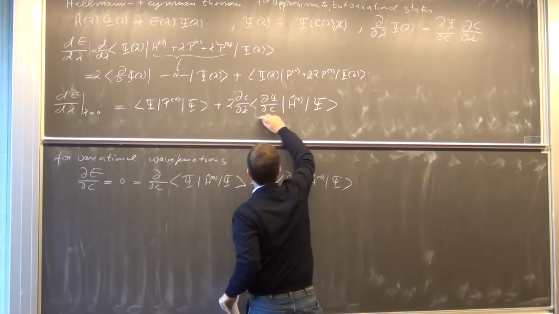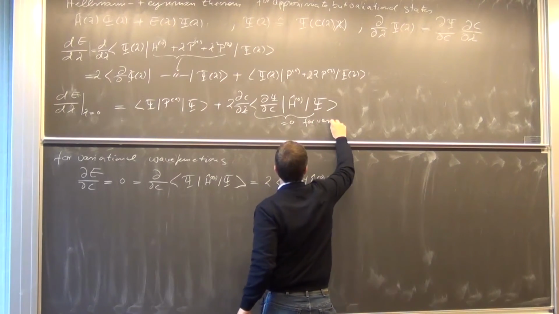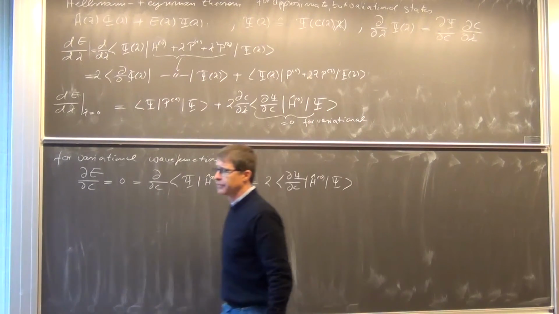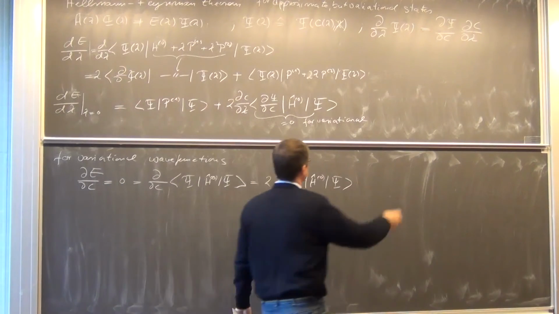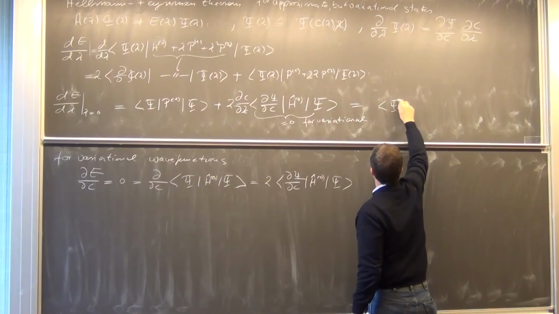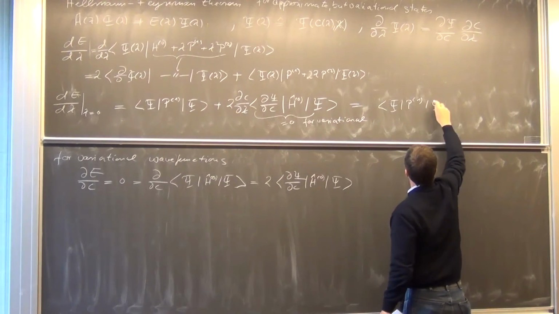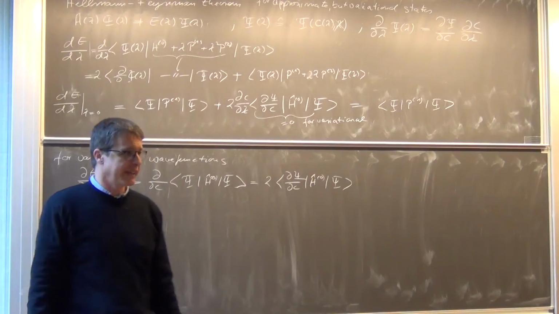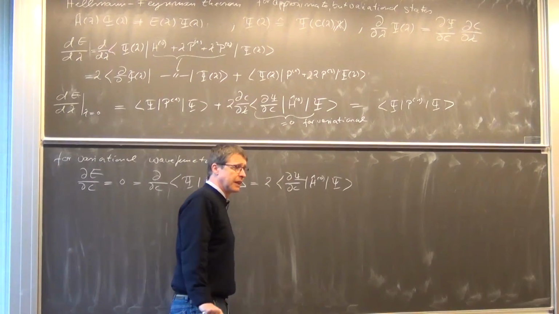So for variational wave functions, that is 0, and which means that I have recovered the Hellmann-Feynman theorem for approximate but variational wave functions like Hartree-Fock, like MCSCF, like full CI.